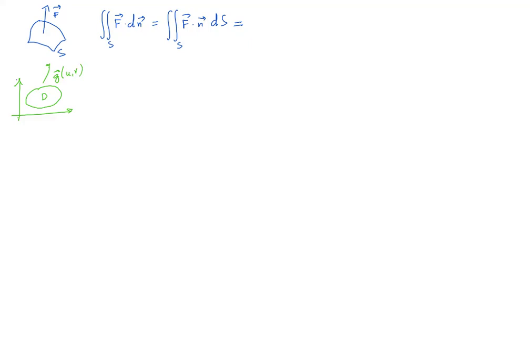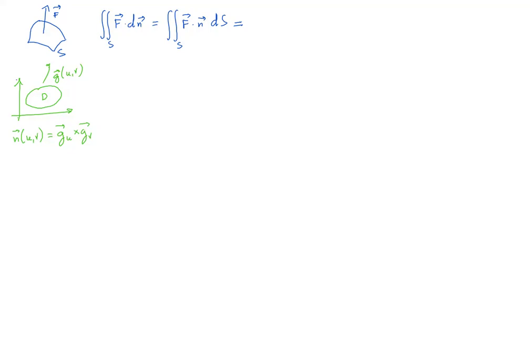And that parameterization will give rise to a normal vector, which has to be chosen so that it's compatible with the orientation. This really means that you find a normal vector and you figure out whether it's compatible. If it is, that's great. If it's not, you multiply it by -1. That's all that it means.